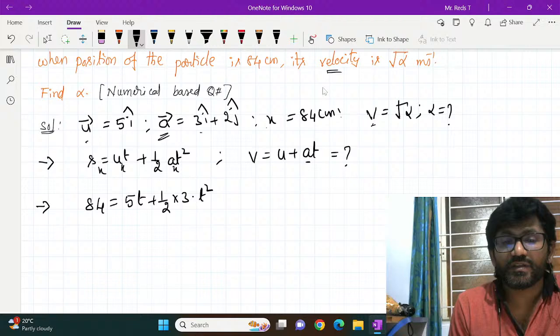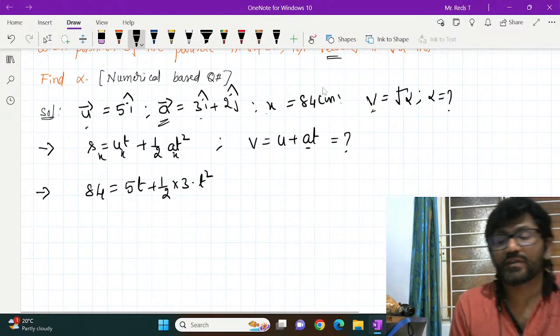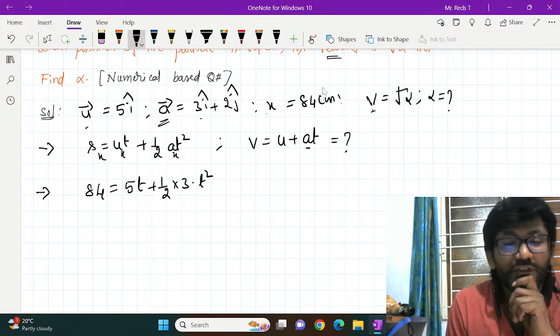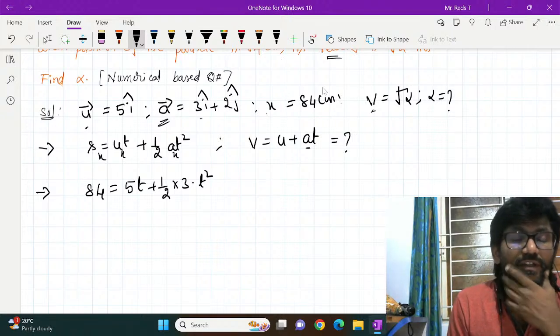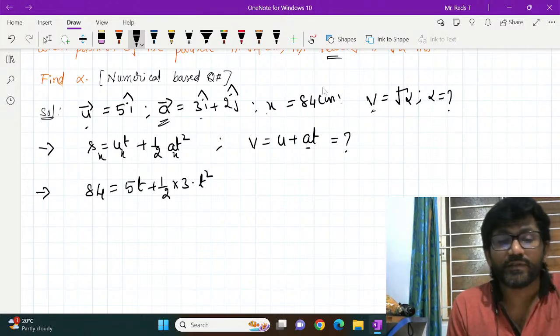So if you observe this, it is in the form of ax square plus bx plus c equal to 0, a quadratic equation.